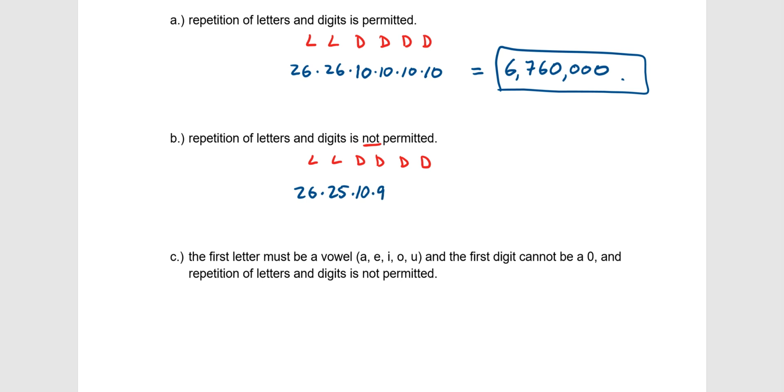Repetition's not allowed, so 9 options for the second one, 8 options for the third one, and 7 options for the last one. Okay, so multiply all of these together, and we end up getting 3,276,000 different possible arrangements.